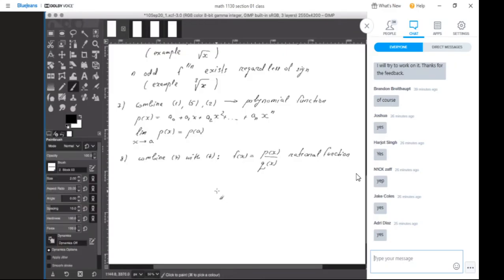The limit as x goes to some value a of p of x divided by q of x will be simply p of a divided by q of a, provided that q of a is not 0.